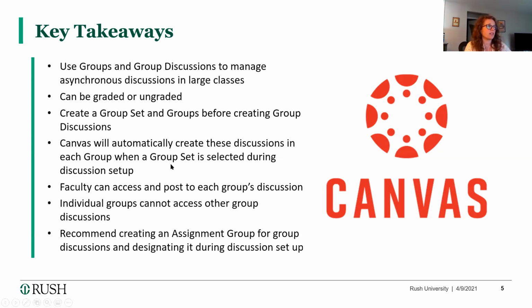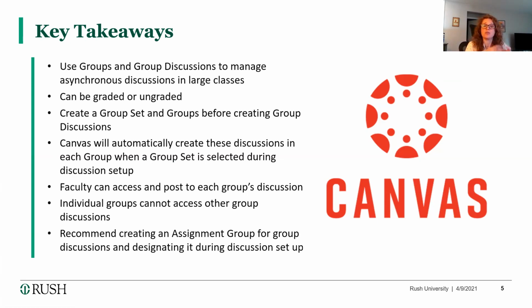Canvas will automatically create these discussions in each group when a group set is selected during the discussion setup, and we did that when we selected the final presentation group set. Faculty can access and post to each group's discussion. However, individual groups cannot access other group discussions.